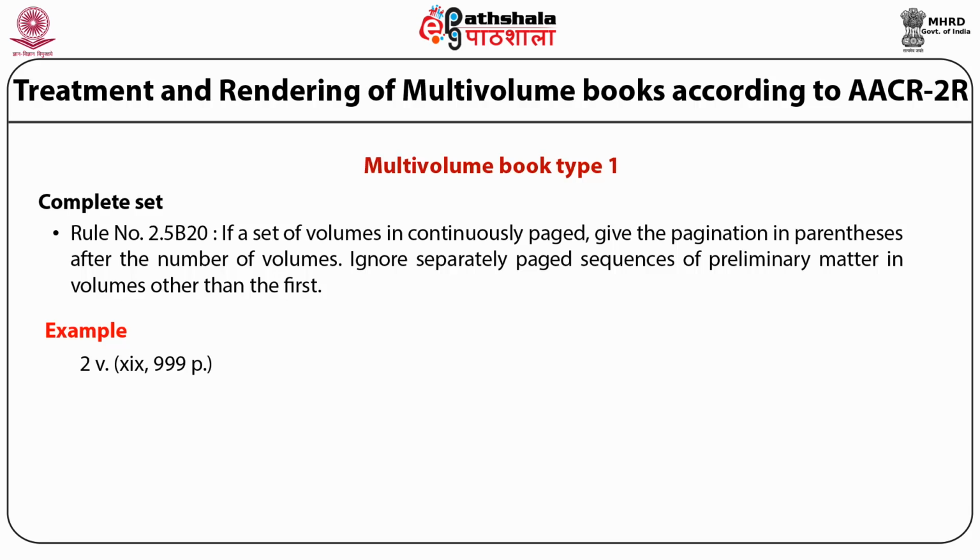Second example: the book is in 3 volumes, within parentheses preliminary pages 11, 919 pages. Third example: pages numbered 11 preliminary pages, 201 text pages; 16 preliminary pages, 202-608 text pages; 7 preliminary pages, 609 to 919 text pages.